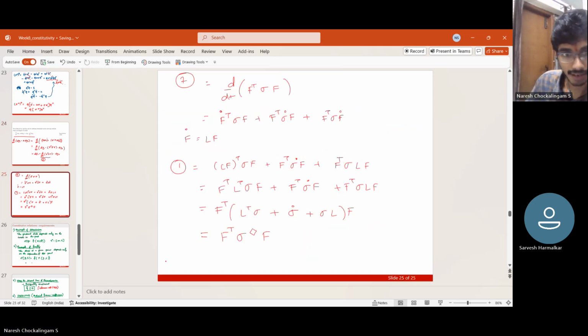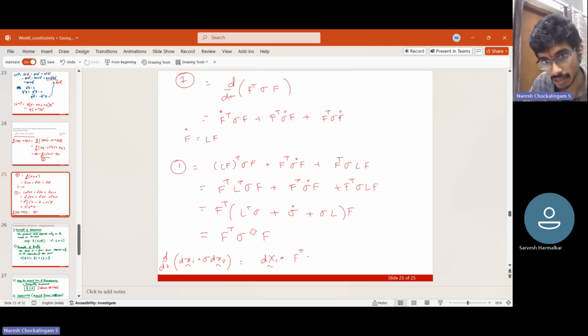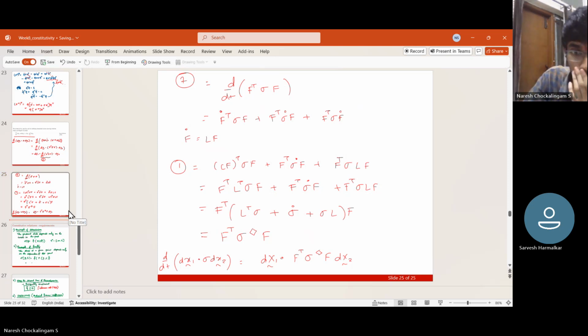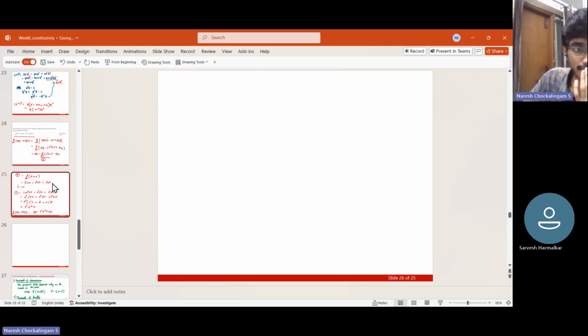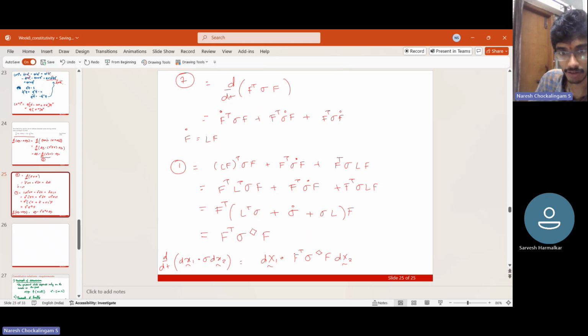Now substitute this back into this expression. So we get d by dt of dx1 dot sigma dx2 is nothing but dX1 dot F transpose, the convective stress rate, F dX2. Now, you can use the property of transpose and take this F back.